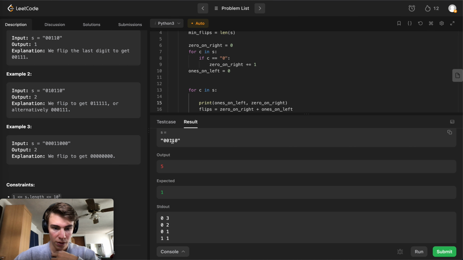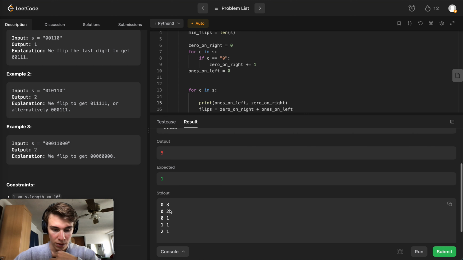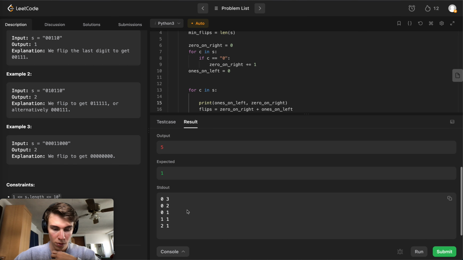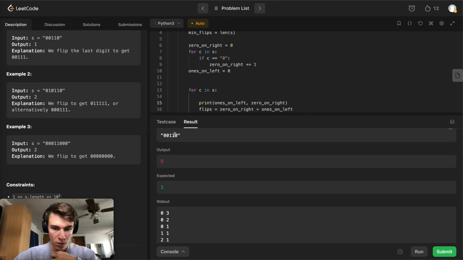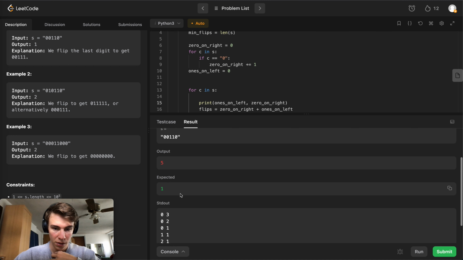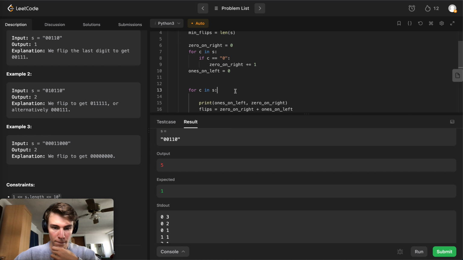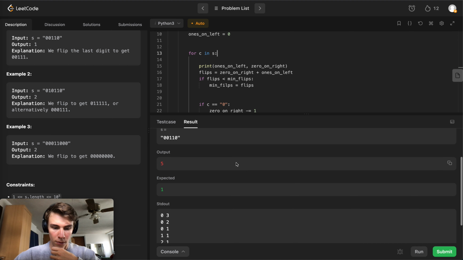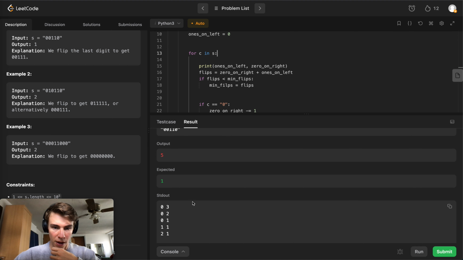At this point, there will be 1 on the left, 1 zero on the end, and finally 2 ones on the left, 0 zeros on the right. And the output is 5.